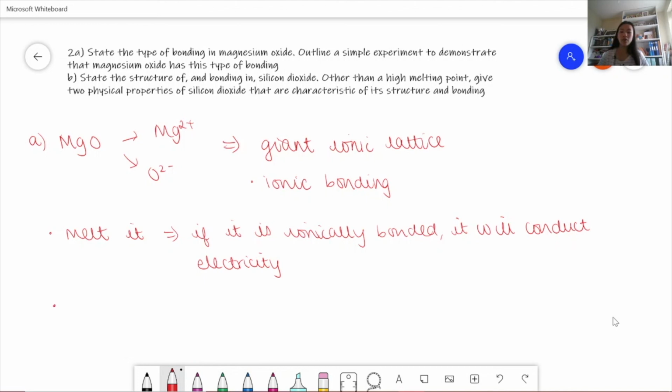And so when solid, it will not conduct electricity.